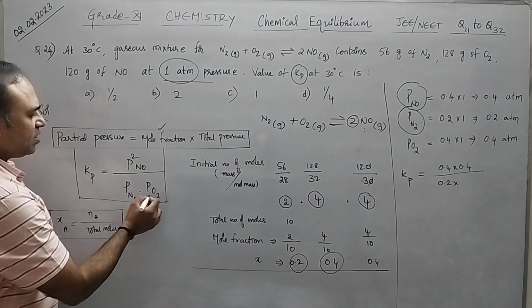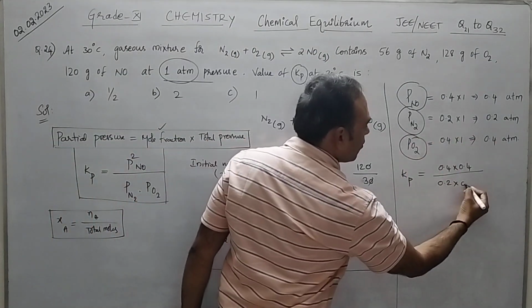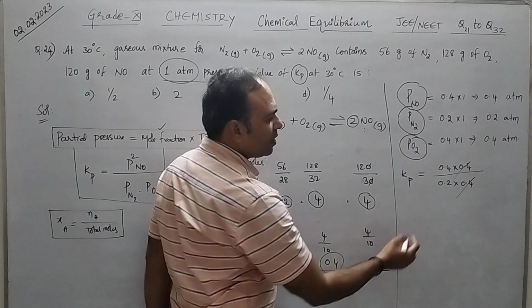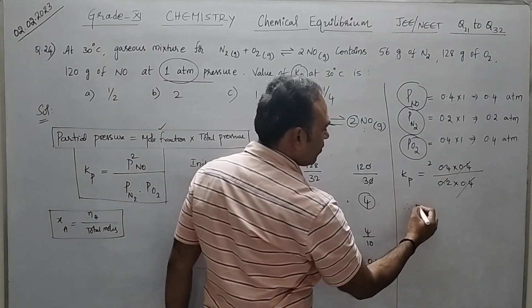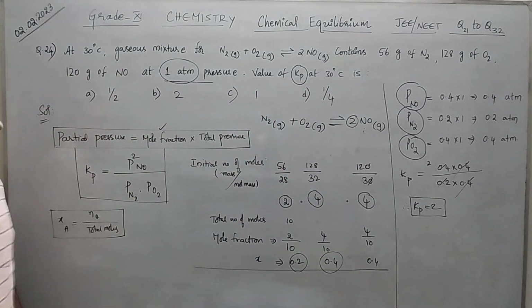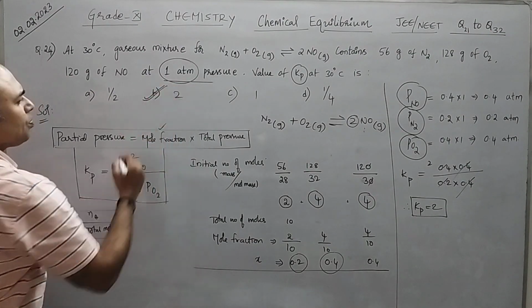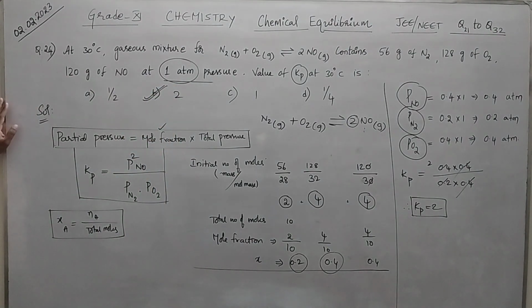And last, the partial pressure of oxygen, which is 0.4. Cancel 0.4 and this will be 2. Therefore Kp is equal to 2. Hope you have understood this. Applying this formula, you have calculated the value of Kp, nothing but 2. Answer is B. Copy the solution and let's move to question number 25.